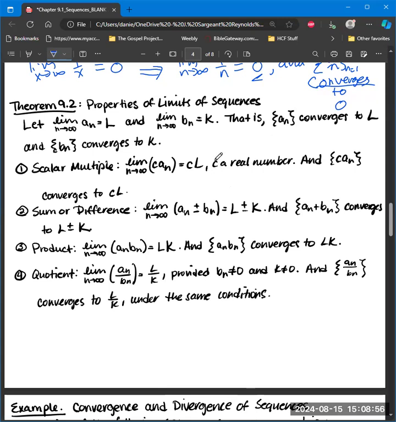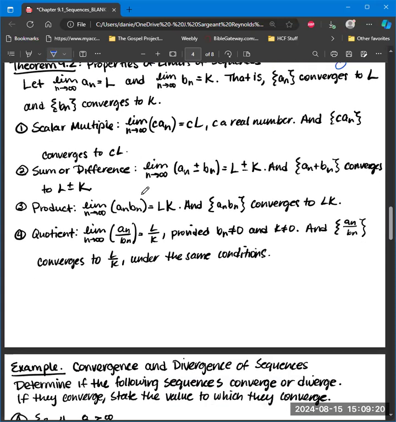Then if we take a scalar multiple C of the terms of a sub n and want to find the limit as n goes to infinity of that, that will be that scalar multiple C times L. C can be any real number, and the sequence C times a sub n converges to C times L then.